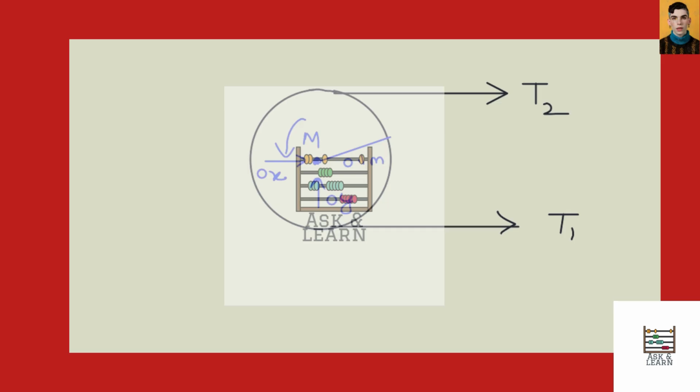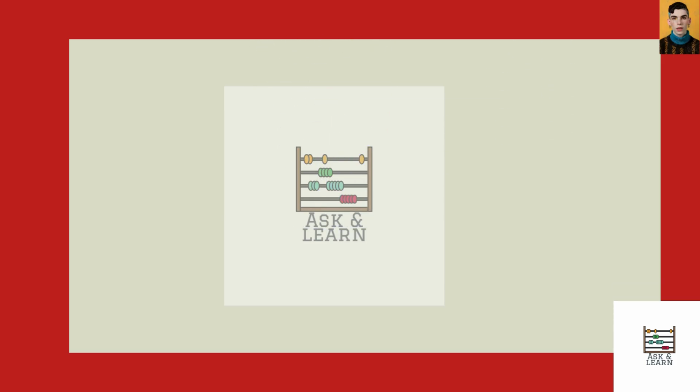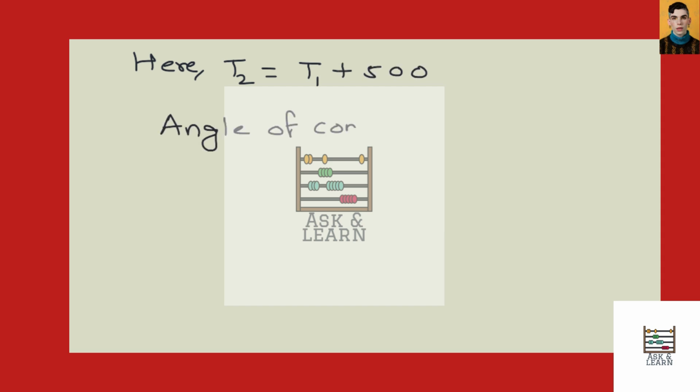This point is O and here it is OX and OY. T2 is equal to T1 plus 500. Angle of contact is equal to beta is equal to 180 degree or beta is equal to pi.